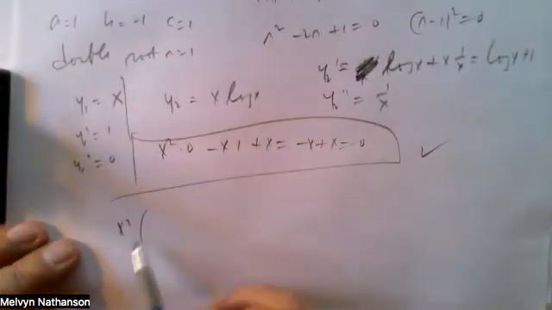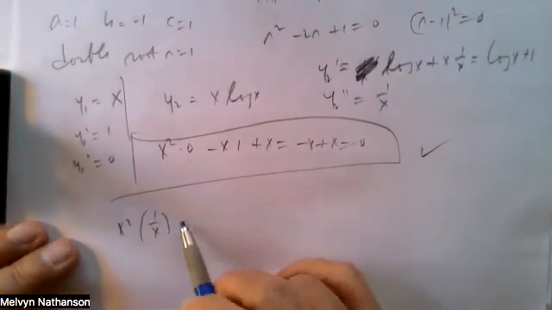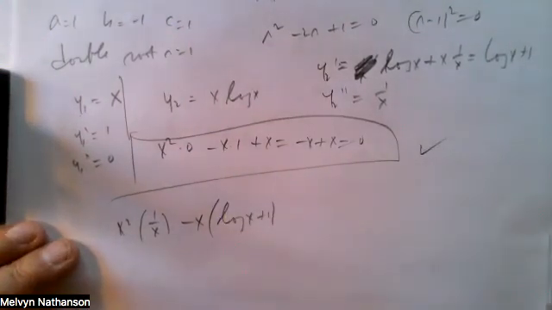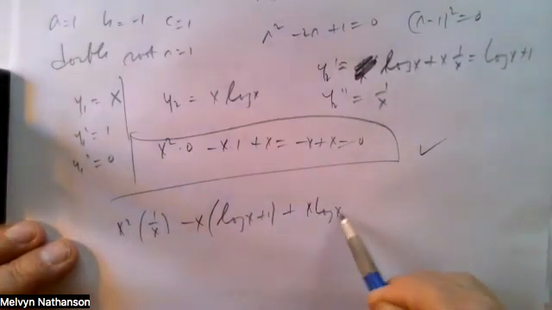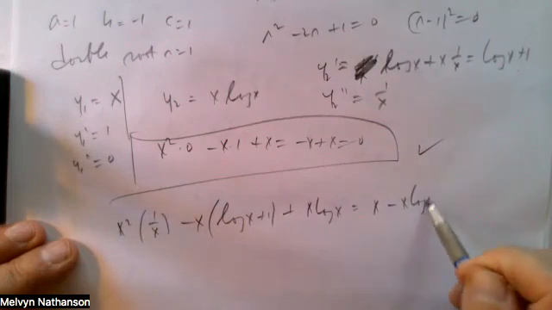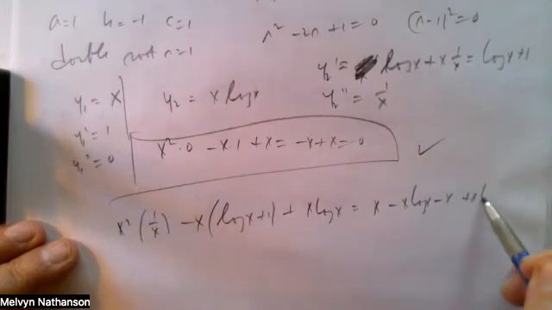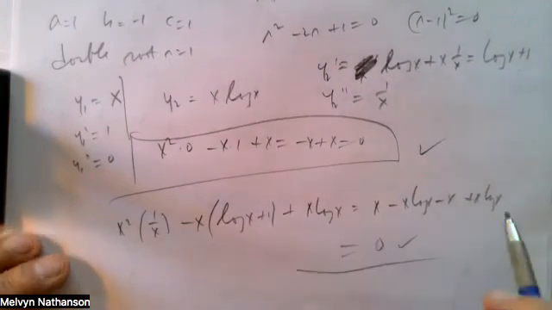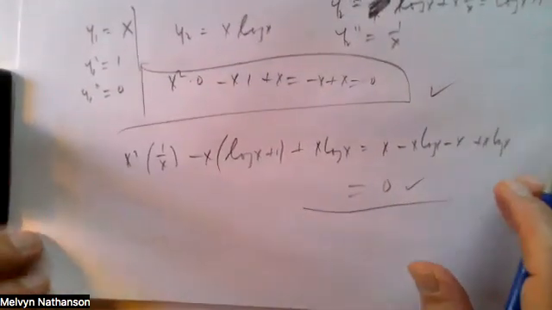So x squared times 1 over x minus x times (log x plus 1) plus x log x. This is x minus x log x minus x plus x log x. Everything cancels and you get 0. Okay.